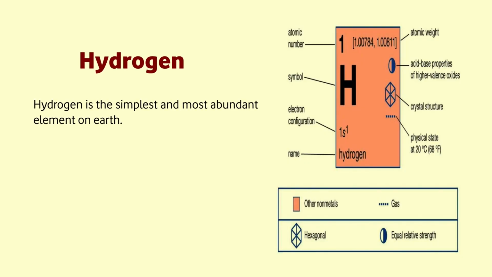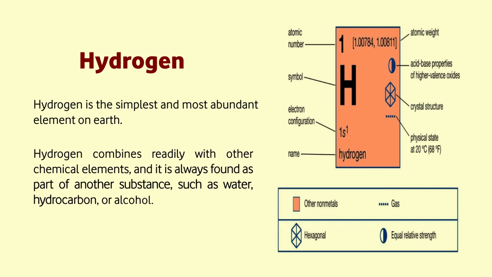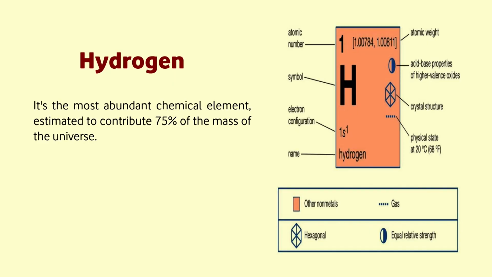Hydrogen. Hydrogen is the simplest and most abundant element on the earth. Hydrogen combines readily with other chemical elements and is always found as a part of another substance such as water, hydrocarbons or alcohols. Hydrogen is a clean alternative to methane, also known as natural gas. It is the most abundant chemical element, estimated to contribute 75% of the mass of the universe.